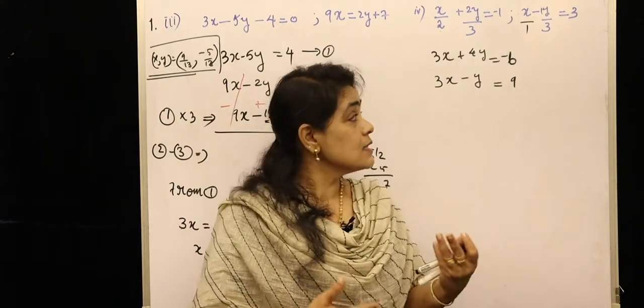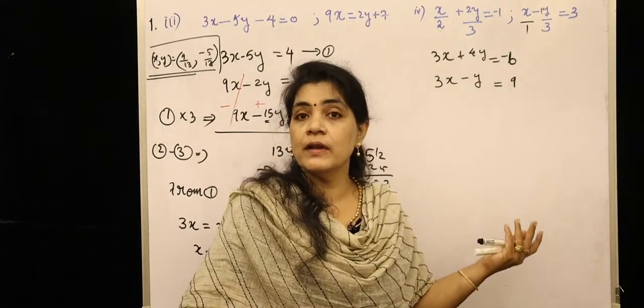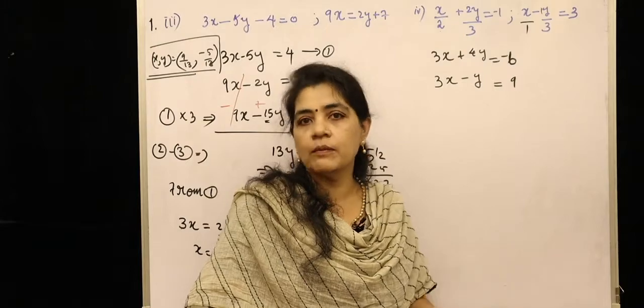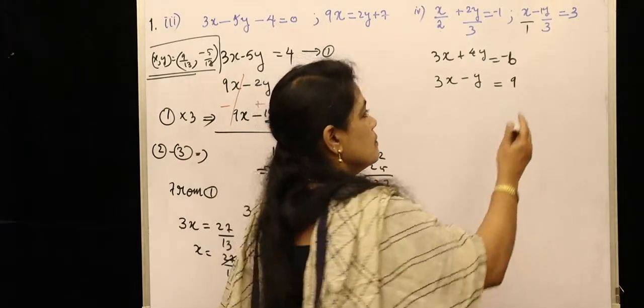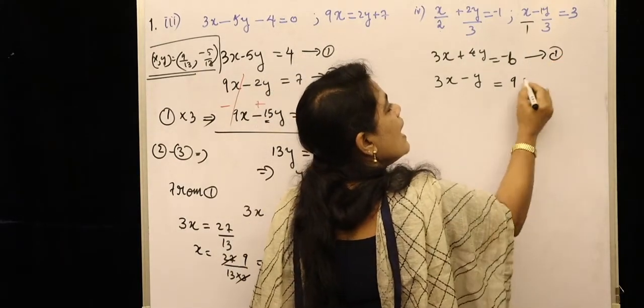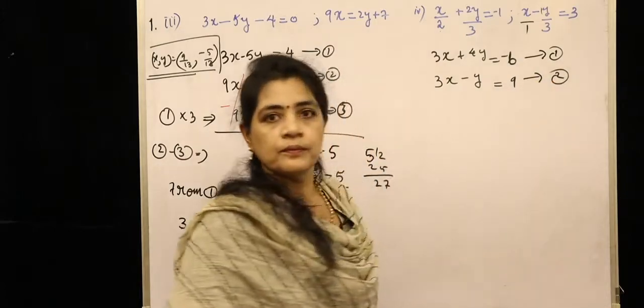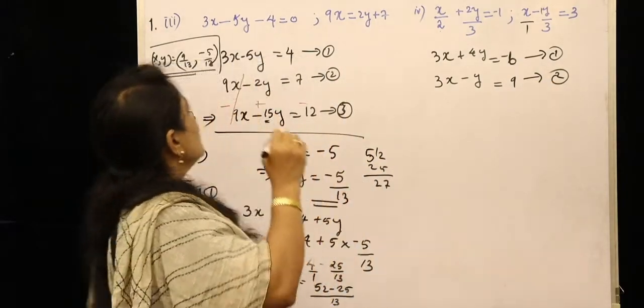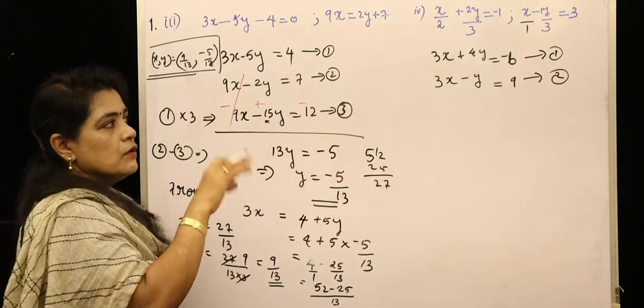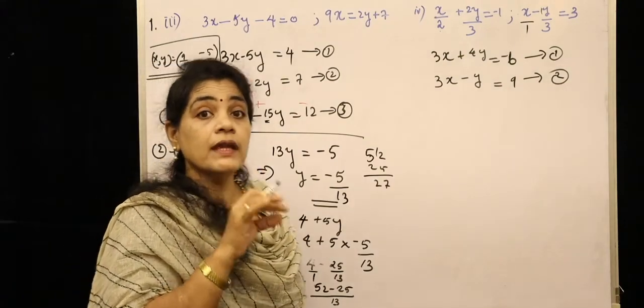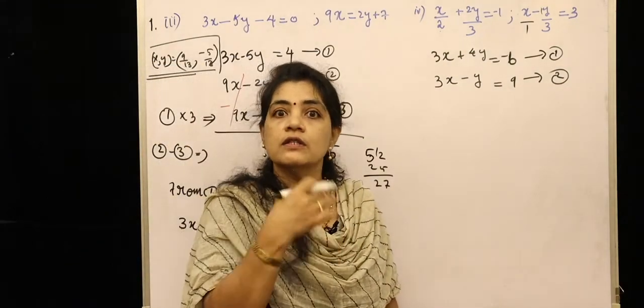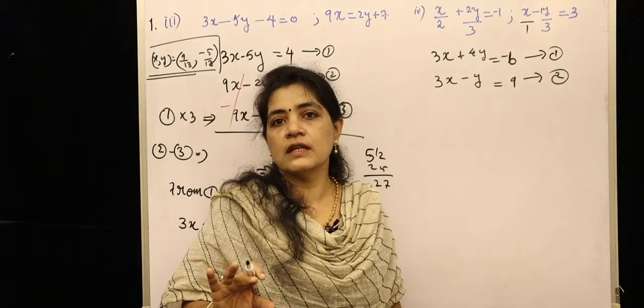In this type of problem, you can easily eliminate this x term just by subtracting. So I am going to mark this as equation number 1 and this as equation number 2. Without multiplying with the 3, because we need not make the coefficient of x the same, because the coefficients of x are already the same.